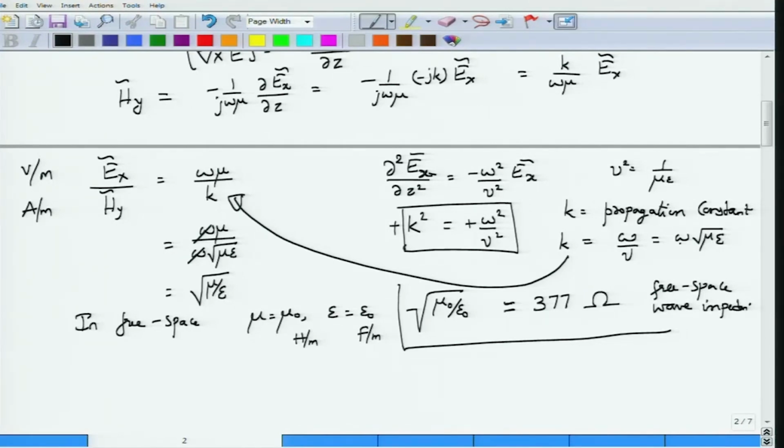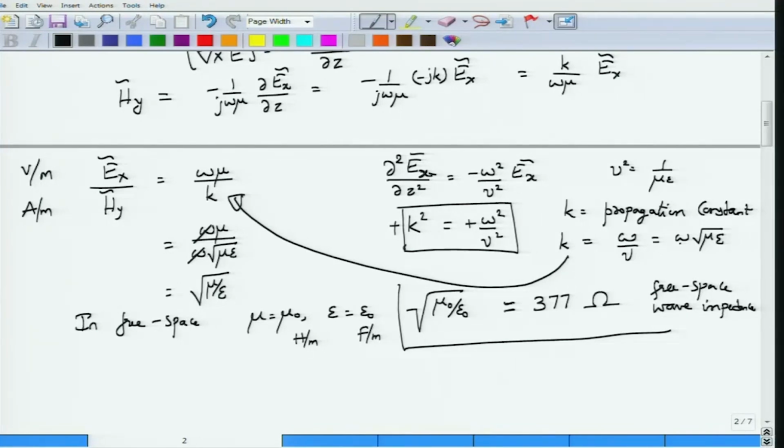Okay, so one imagines that free space or vacuum is kind of an impedance medium. It's kind of a resistance, but a generalized resistance in the form of an impedance, and you're imagining that free space itself is an impedance for electric field to magnetic field ratios, because electric field is volt per meter, magnetic field is ampere per meter.